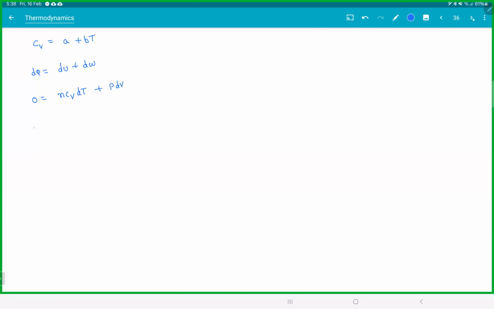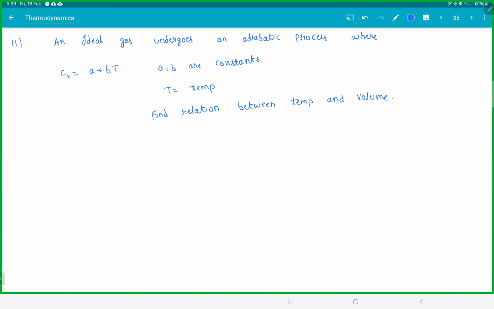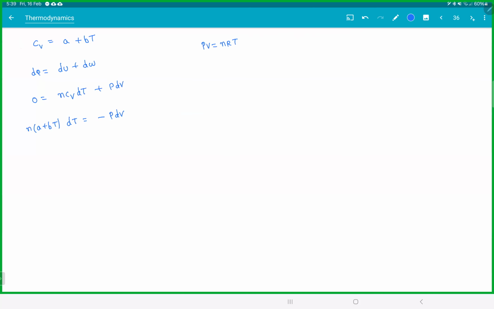Cv will be n into A plus BT dT is equal to minus P dV. But we already know it's an ideal gas, so PV is equal to nRT. Now see, the main idea is that in the question it is mentioned, find the relation between temperature and volume. Means you don't want pressure. On the left hand side, there is no pressure term. Right hand side also, let's eliminate the pressure term.